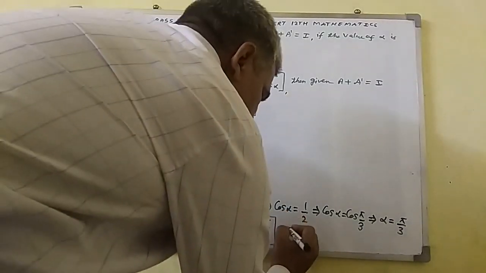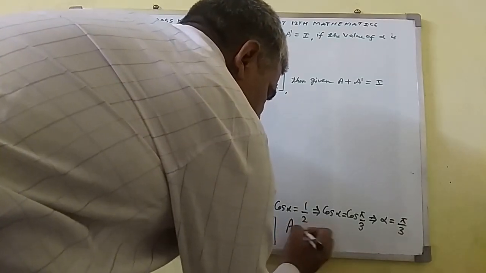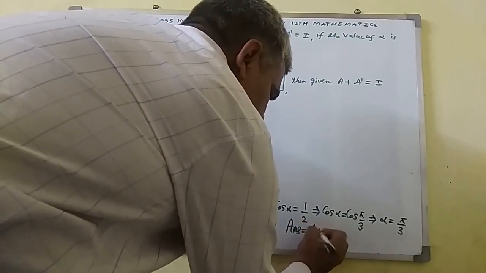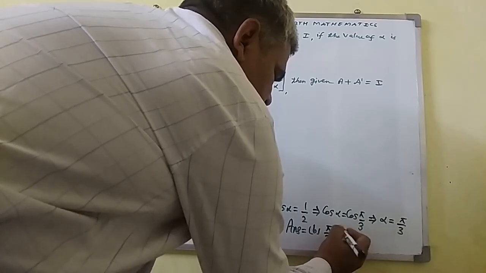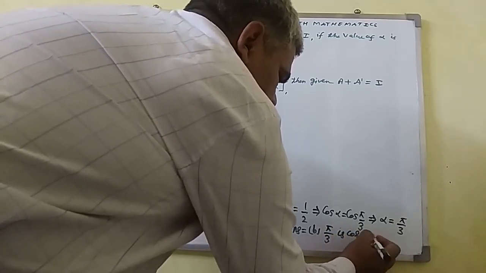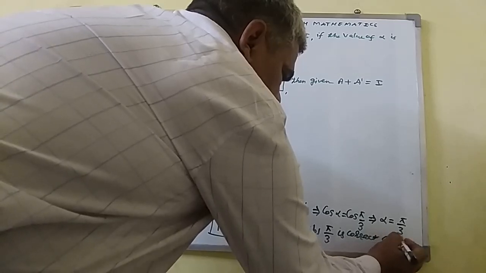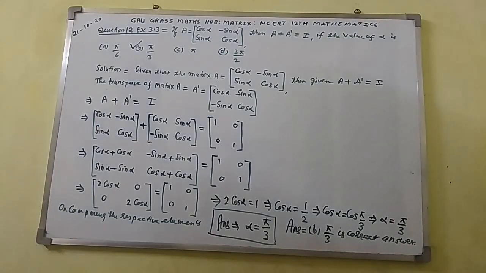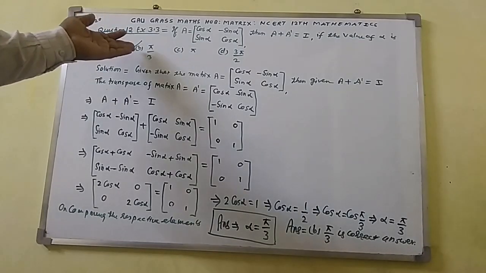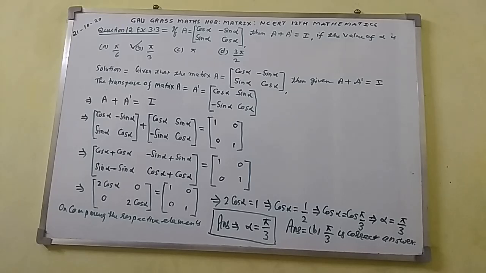Here I shall write answer equal to B, pi by 3 is the correct answer. So this is the proper solution of question number 12, exercise 3.3, chapter 3, matrix, NCERT.